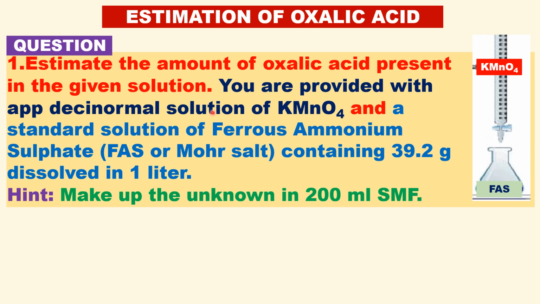Now you will be given three solutions. One is oxalic acid, unknown, in a small bottle, and then two big bottles: one KMnO4, that is approximately 0.1 normal, whose strength we need to find accurately by using ferrous ammonium sulfate, a standard, because we know how much is dissolved in 1 liter.